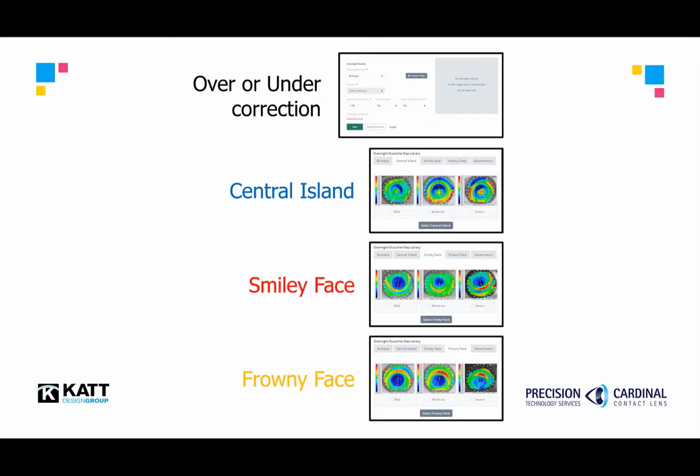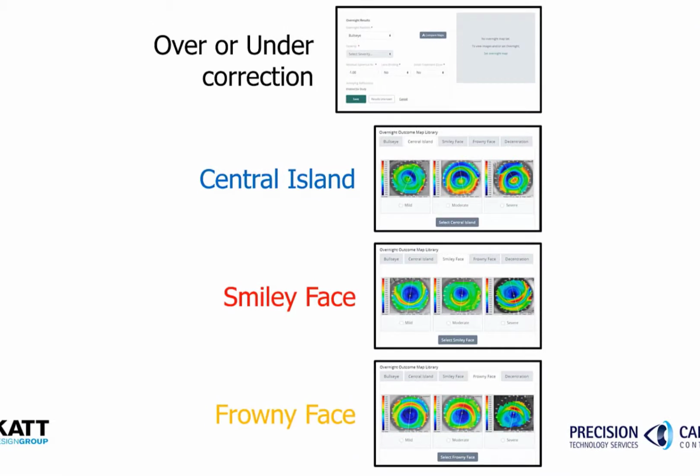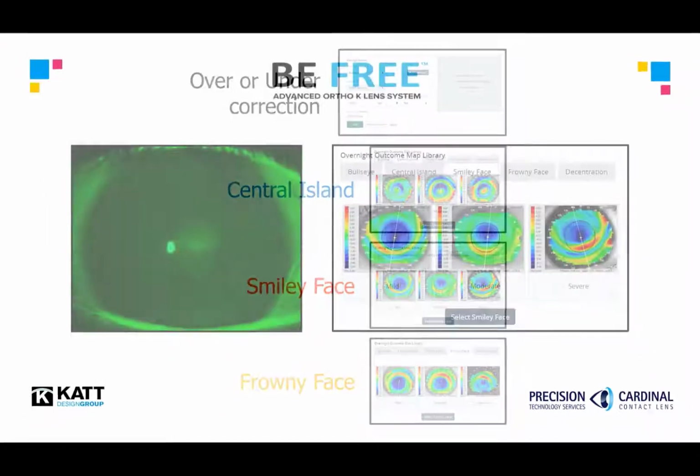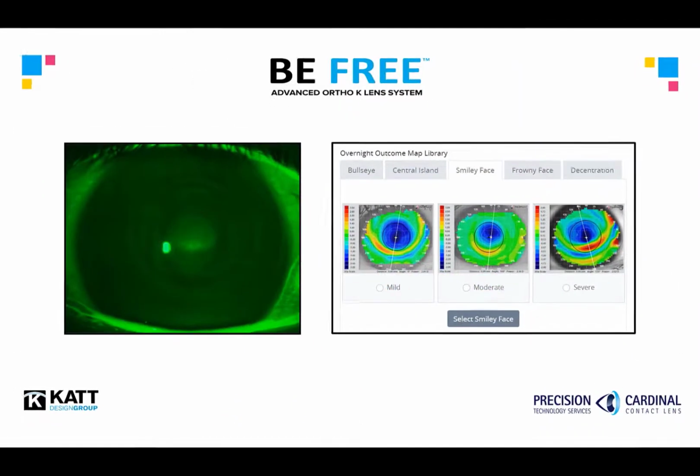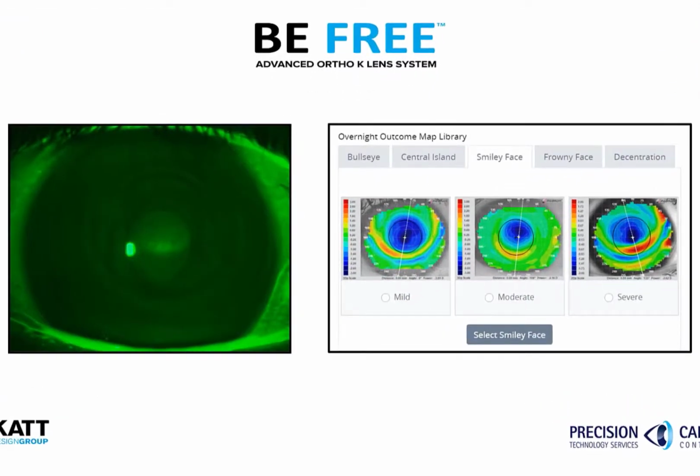The BE FREE Postwear Response options are primarily topographical in presentation. However, these same outcome descriptions and the associated modifications created by the software can also be used to resolve other findings. For instance, a lens that is bearing on the central cornea and creating persistent apical staining can be resolved with the smiley face response.